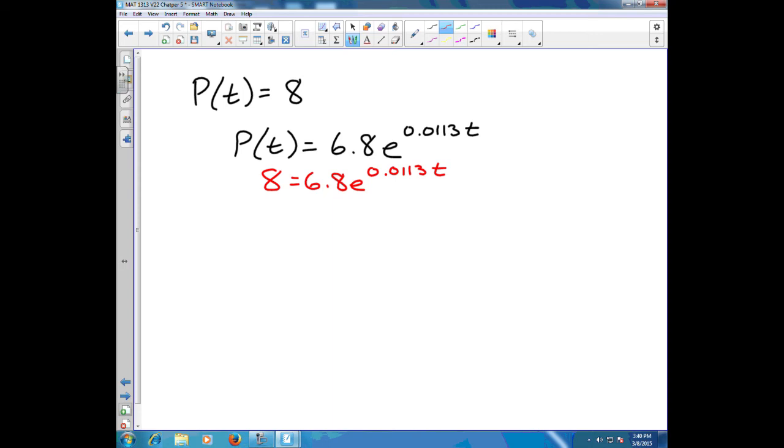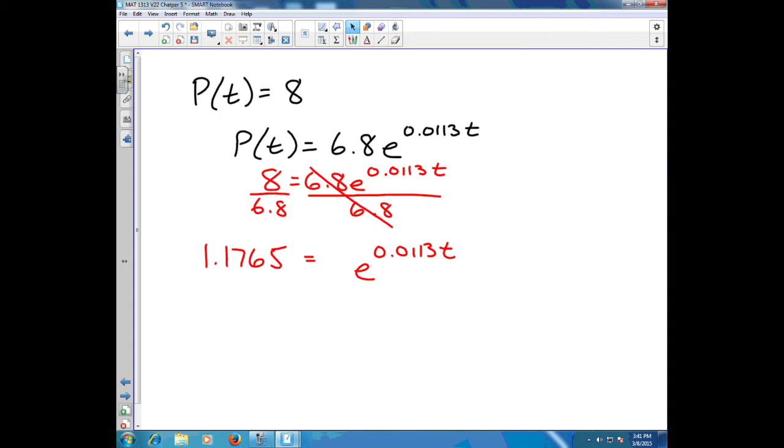We want to isolate the exponential, so divide both sides by 6.8. From there we're going to get e to the 0.0113 times t equals 8 divided by 6.8, which gives 1.1765. Then, just like with every other exponential equation, we're going to take the natural log of both sides.